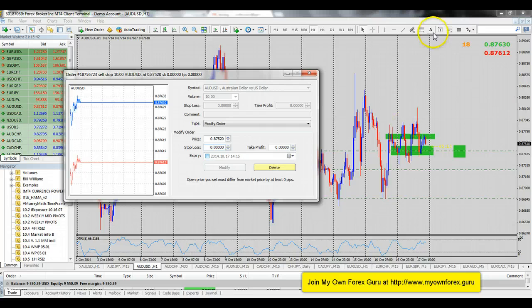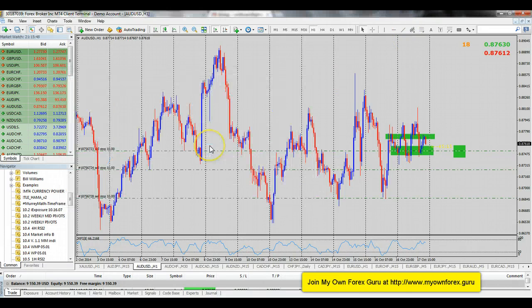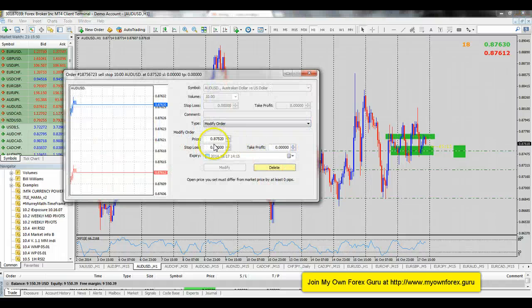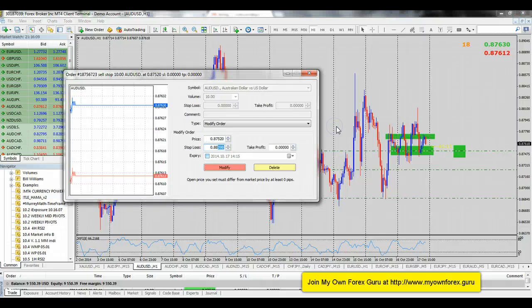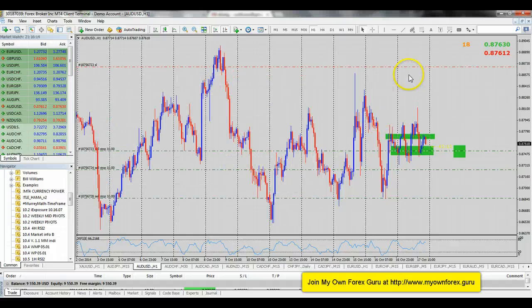What's that? 809. I'm missing something. $88.2. Okay. $68.9. Way higher than I want it. I want it there. That's my first stop loss on that trade.